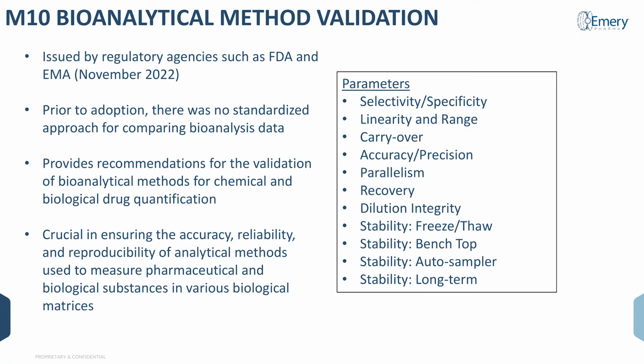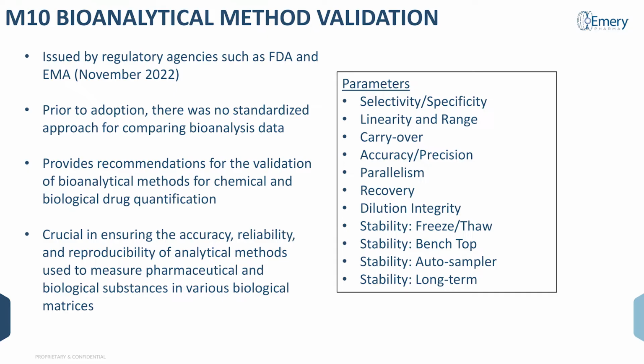So the ICH M10 bioanalytical method validation was recently issued and adopted by the FDA and EMA in November 2022. Prior to this adoption, there was really no standard approach for comparing bioanalysis data, which makes the implementation of this regulatory document an amazing accomplishment in and of itself.